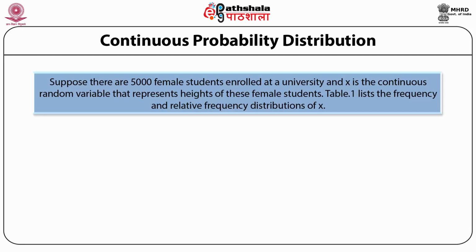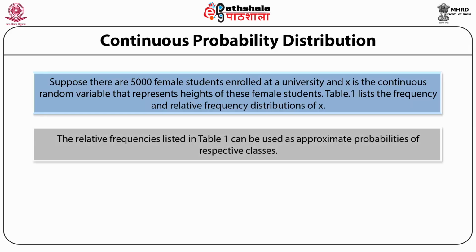Table 1 lists the frequency and relative frequency distribution of X. As you can see, heights of a female student in inches are given, then frequencies are given, then the relative frequency, as you know, each frequency divided by 5,000. Then we get relative frequency, and the sum of all the relative frequencies will be 1.